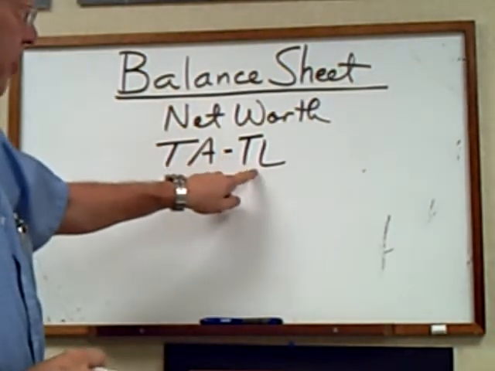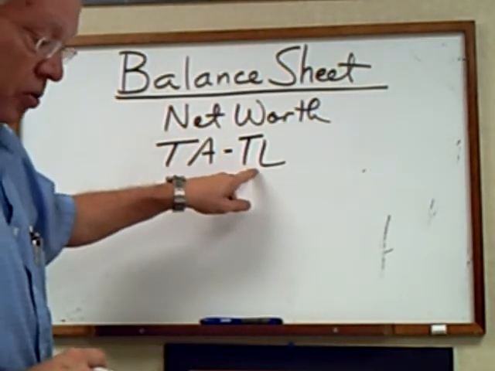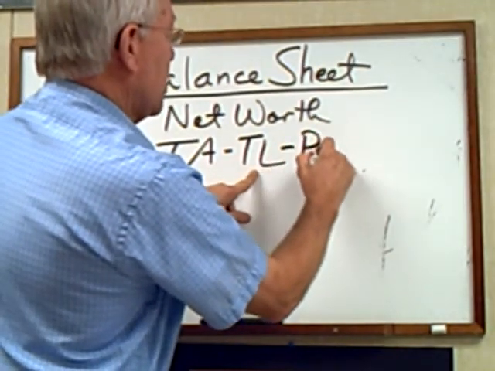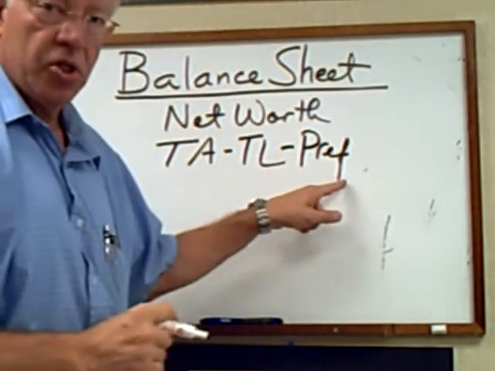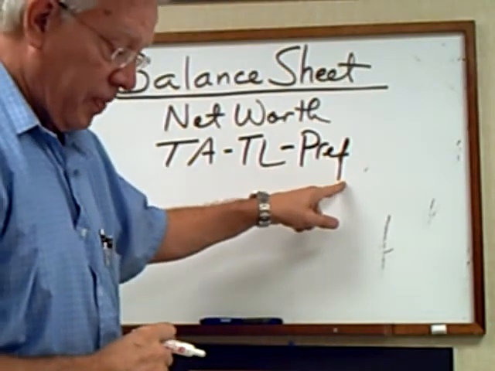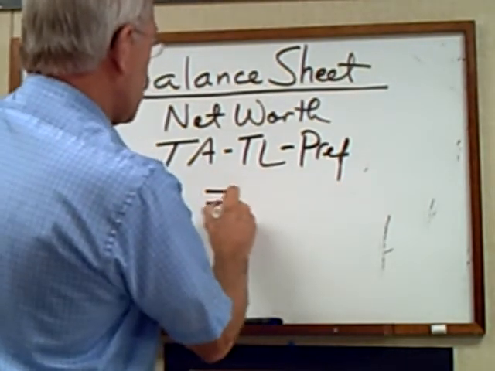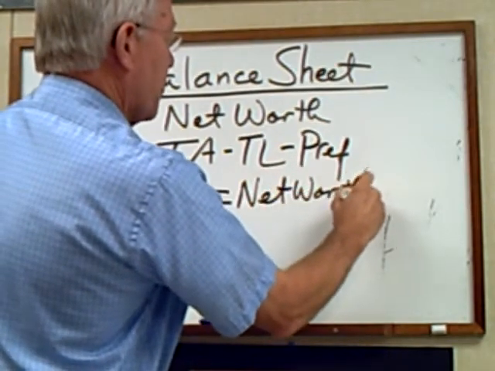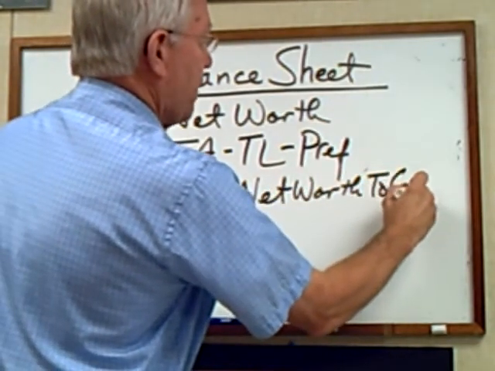What the company is worth less what the company owes, and then we also subtract the preferred stockholders' share value, and that will give us the net worth to the common stockholder.